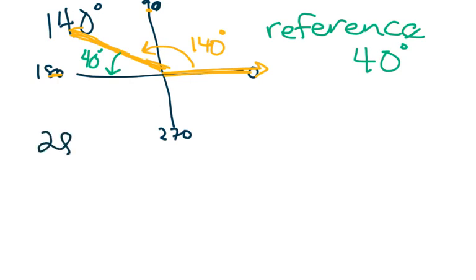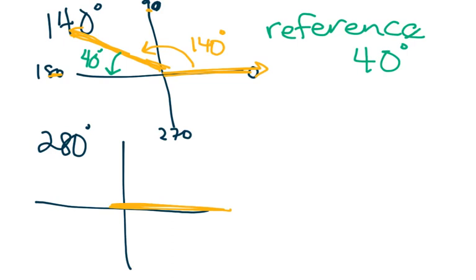Here's another one. Let's say we're going to do 280 degrees. Here's my axis. I start on my initial ray, so I go up to 90, 180, 270. Just past that is going to be where 280 is, so this here is 280.